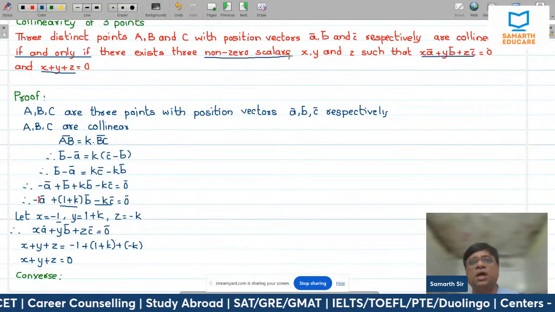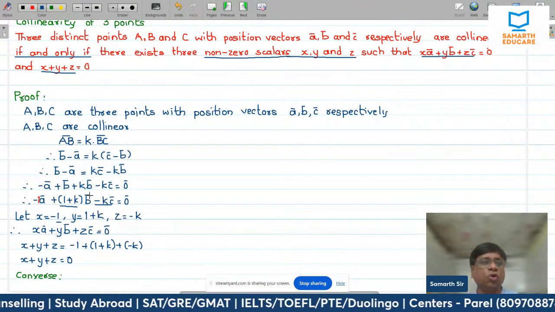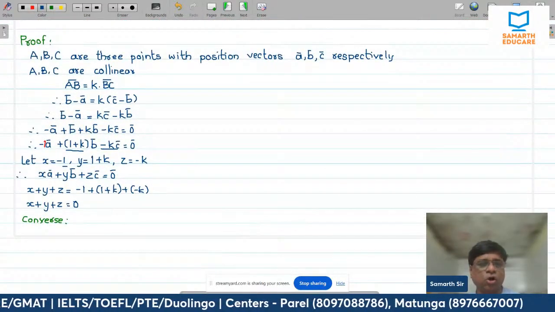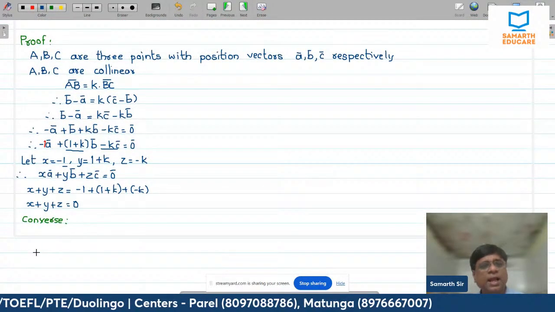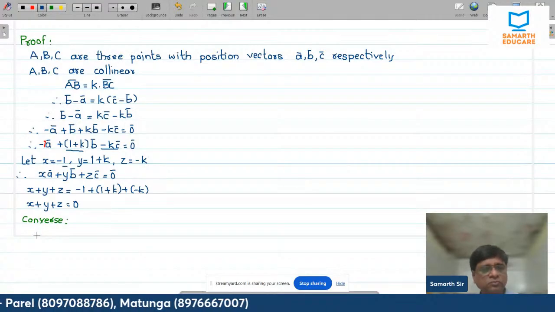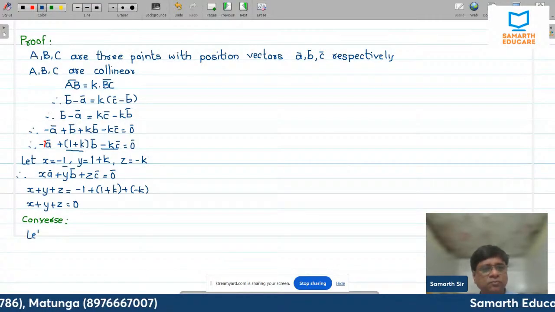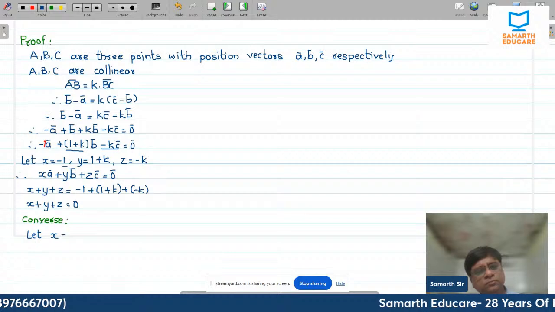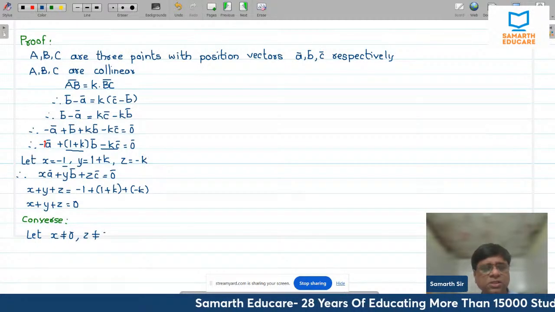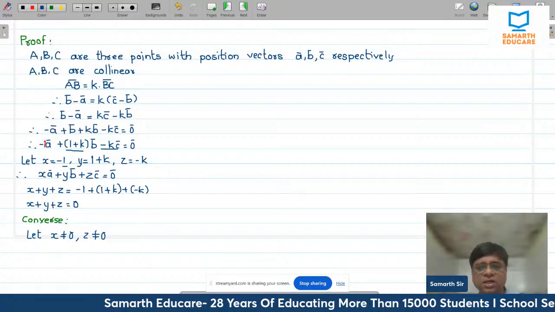That means x, y, z, not all zero. It could be that one of them is zero, but not all zero. Right. Now, let's say x is not equal to 0, z is not equal to 0. For now, let's proceed like this.